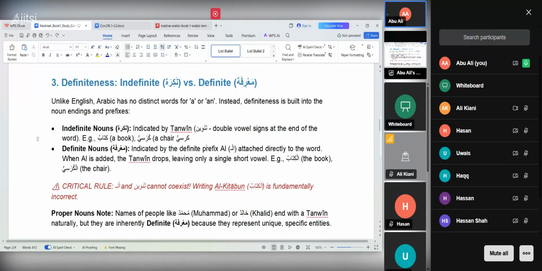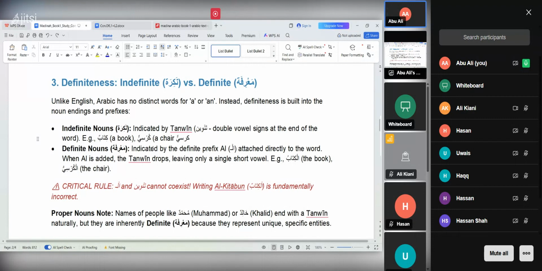Muhammad is always definite. Abbas is always definite. Baghdad is always definite. Iraq is always definite. England is always definite. But in principle, the noun is indefinite, like kitabun, a book, kursiyun, a chair. You see how we are adding tanween al-dhamm? The tanween to represent this indefiniteness.